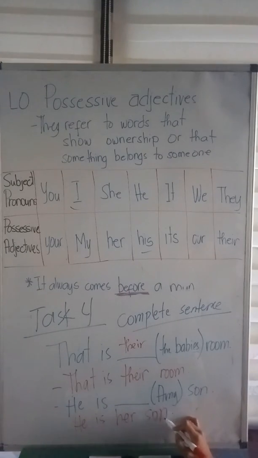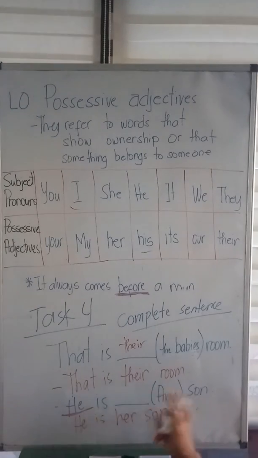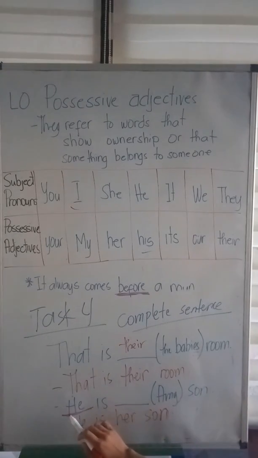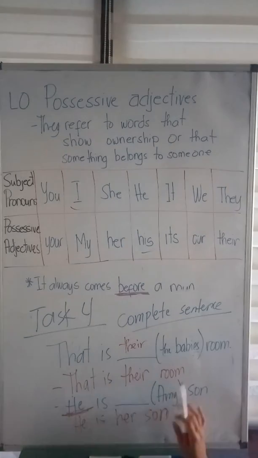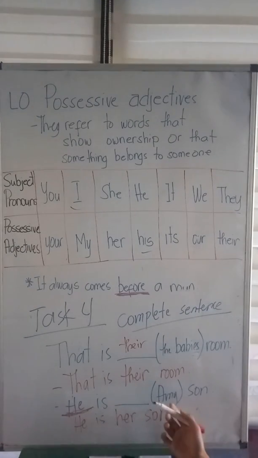All right, don't get confused, because maybe you will see he here as the subject. He is Amy's son. You might use the possessive adjective for he on this part because you can see he in this sentence, but you have to ask yourself again, since we're talking about possessive adjectives, who owns something, or which one belongs to something or someone.